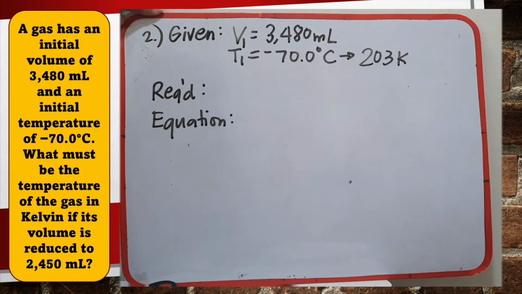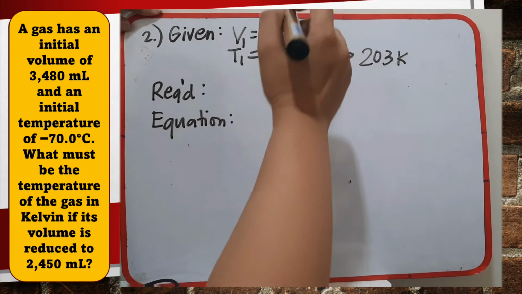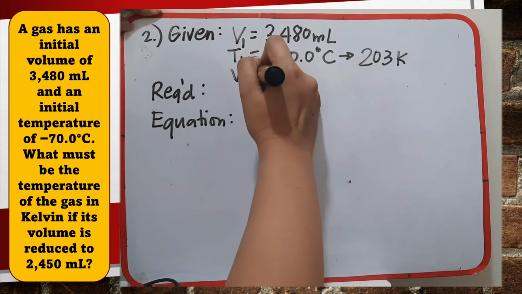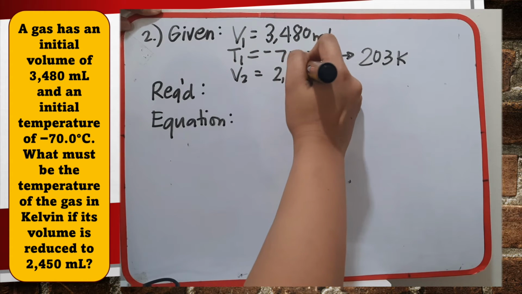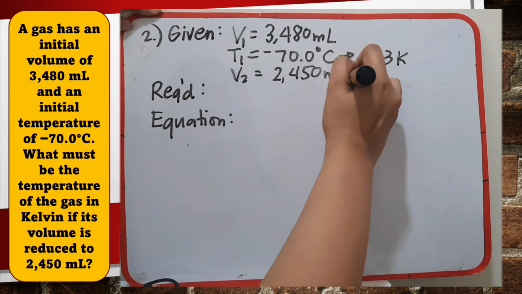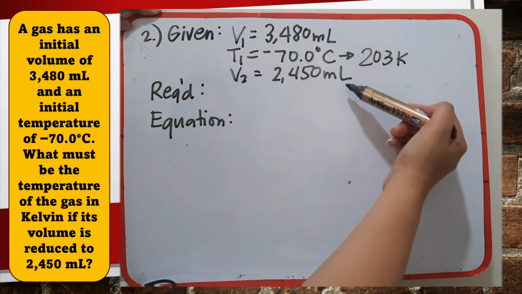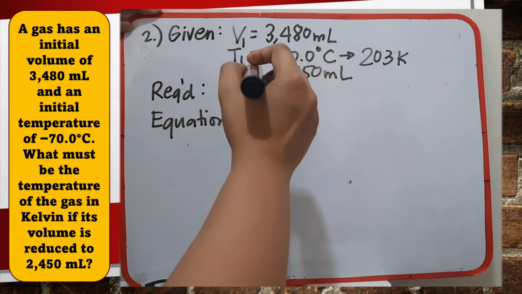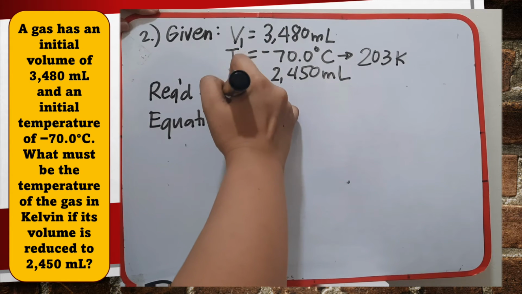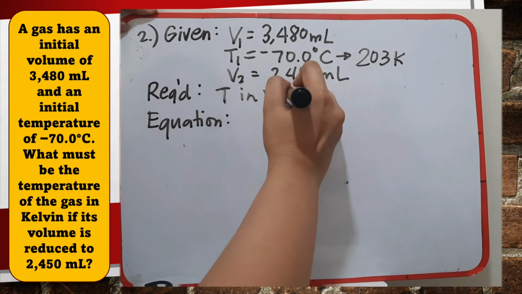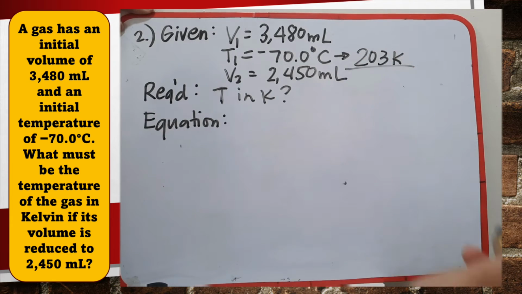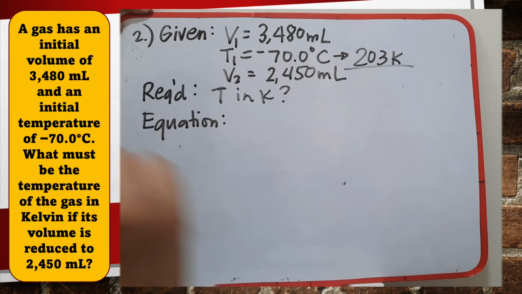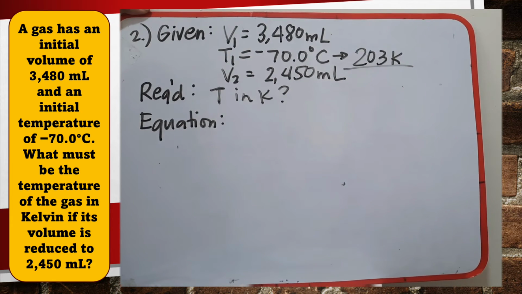Then our volume 2 is 2,450 milliliters. Since these are both in milliliters and are the same, there is no need to convert to another unit. We are looking for the temperature of the gas in Kelvin, and since we already converted to Kelvin, it will be easier for us to get the temperature.